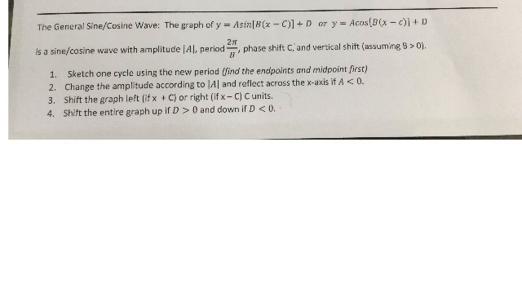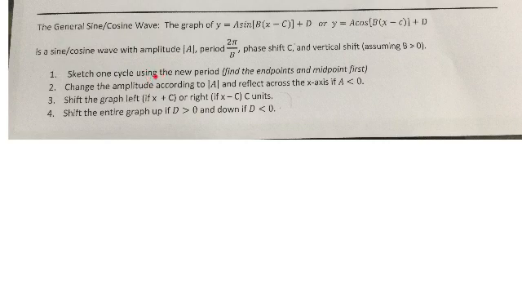It tells me to sketch one cycle using the new period. So this is the order we do them in. We first find the period, then find the amplitude, then shift the graph left or right, then shift the graph up or down. If you don't do them in that order, you could mess them up.